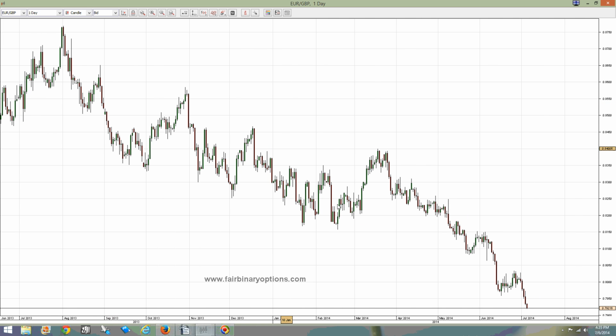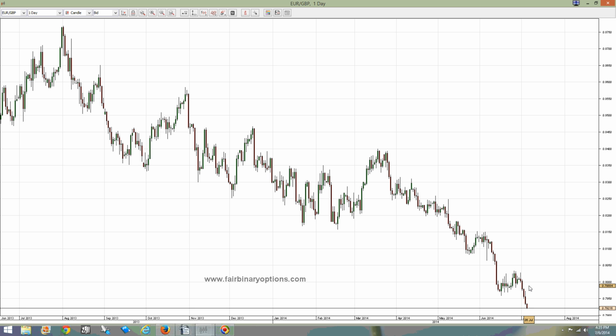I would say that despite the fact that the market is dipping quite aggressively on the daily chart, this is something like 1, 2, 3, 4, 5. So for the last 5 days, or the whole previous week, the market just moved to the downside on the EURGBP.